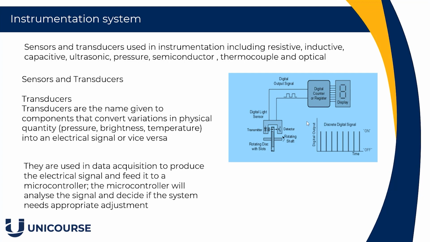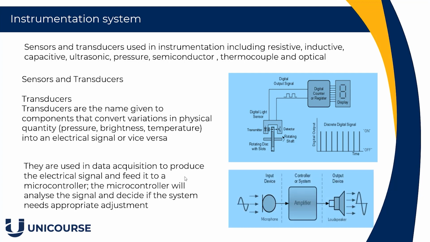Now we also call this data acquisition. We're acquiring the data from a signal, and that is converted, and then it's going to be used and managed within the microcontroller. Here we have an example of a transducer, where we've got the signal here, which is a microphone, and that converts the pressure from the sound of a voice into electrical energy.